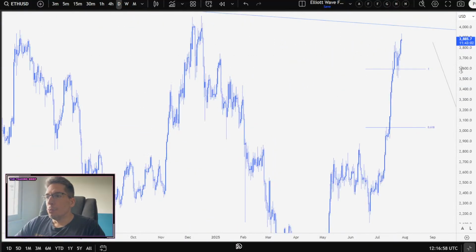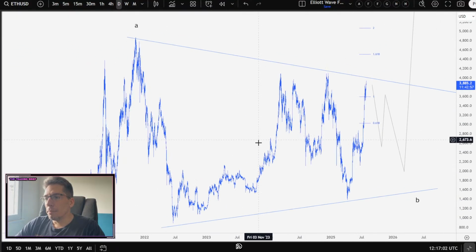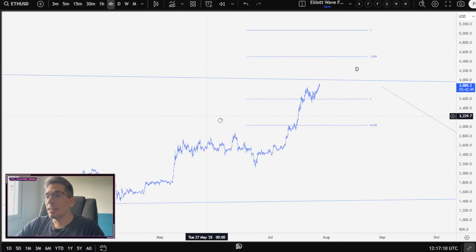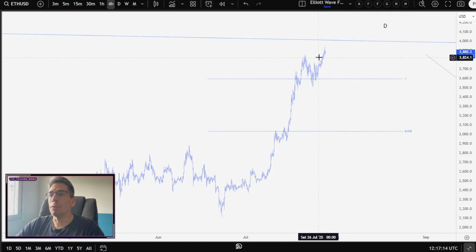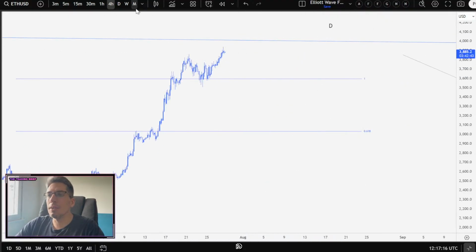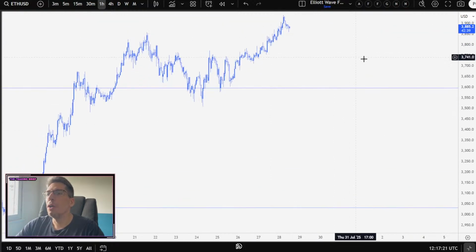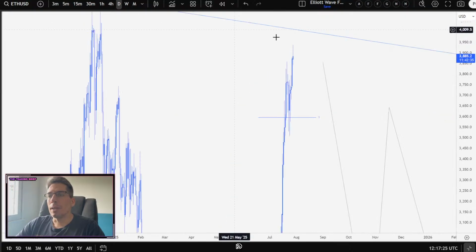Also, Ethereum, let's see, we are still considering this as a potential large wave B. Definitely it's still strong. I don't see it as a potential buy right now. There is more than a good chance that in the short term we see some more bullish movements here, but I would rather wait.